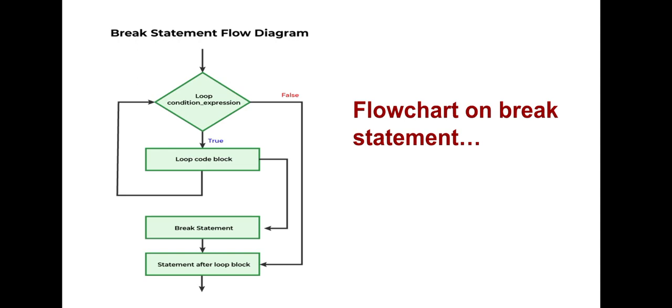Here again I am recollecting what I said, to have clear information related to looping. Whenever we use a break statement under looping, within the body of the loop we represent statements. If there is a break statement in the loop code block, first the compiler checks the condition expression written within the loop. If it is true, it goes into the block of the loop so that the code is executed.